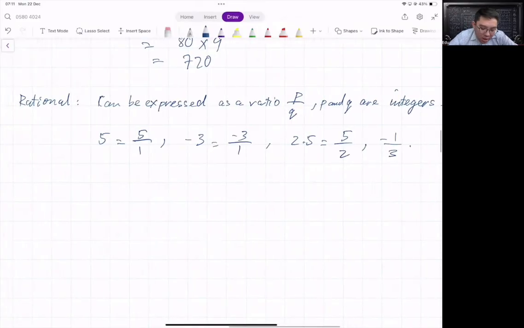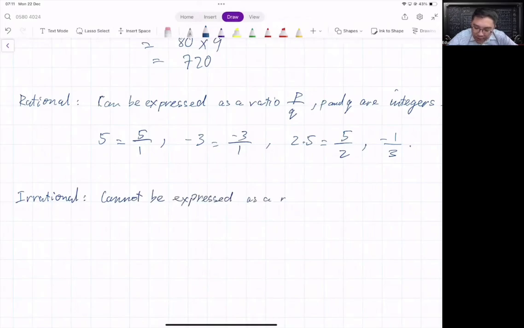All right. Next up, we have irrational. The prefix ir means cannot be expressed as a ratio P over Q, where P and Q are integers.